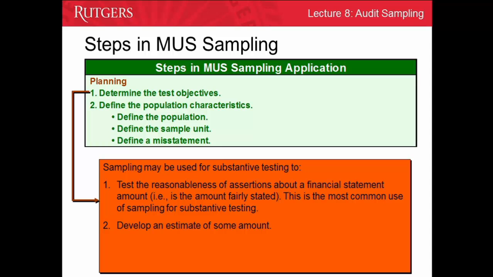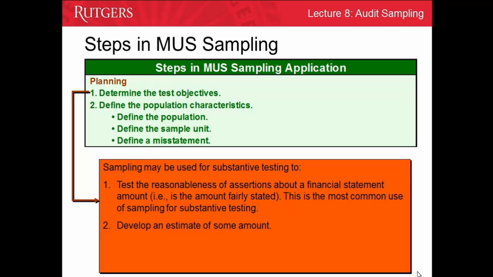Sampling may be used for substantive testing to test the reasonableness of assertions about a financial statement amount and to develop an estimate of some amount. The first use, which is the most frequent application of sampling as a substantive procedure in a financial statement audit, tests the assertion or hypothesis that a financial statement account is fairly stated.